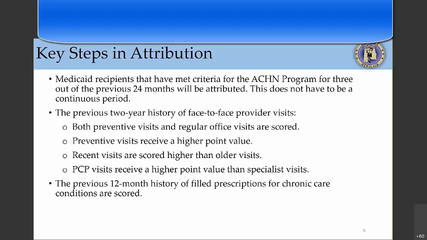Preventive visits receive a higher point value. Recent visits are scored higher than older visits. PCP visits receive a higher point value than specialist visits. The previous 12-month history of filled prescriptions for chronic care conditions are scored.